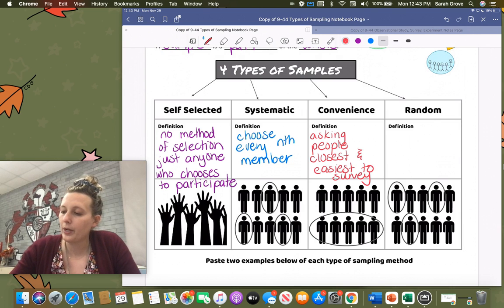The only true way to choose a sample is a random sample, and generally that's going to be putting numbers in a hat and pulling out names, or going through a list and numbering them and then using a random number generator to pick out random people.